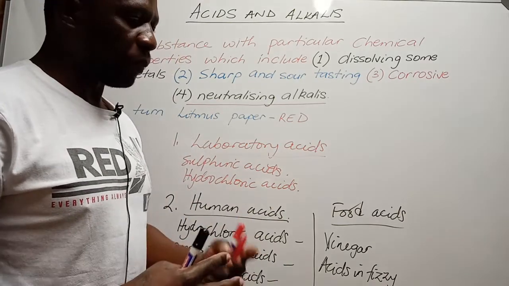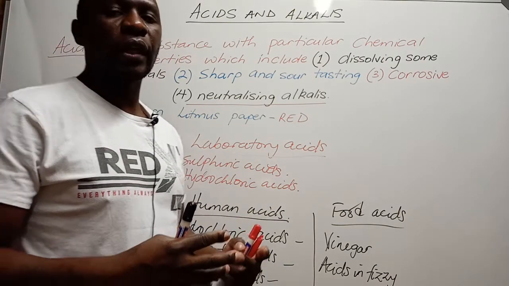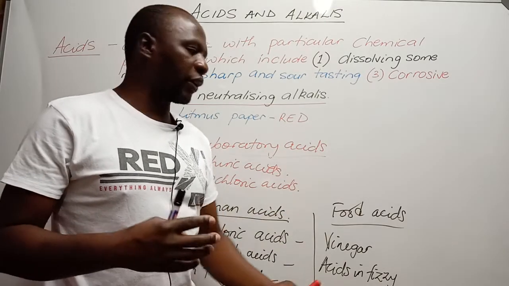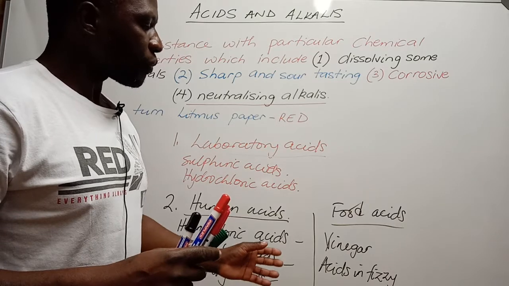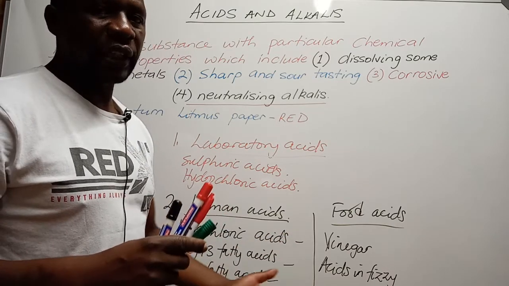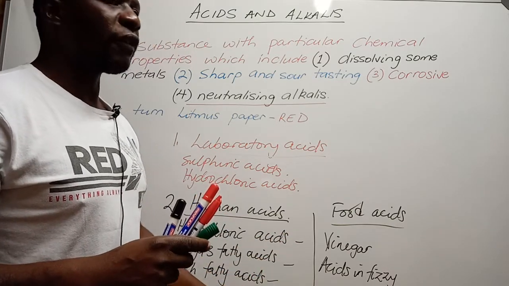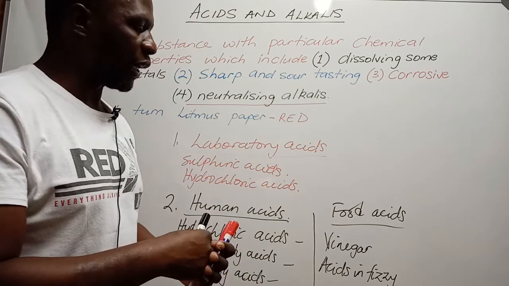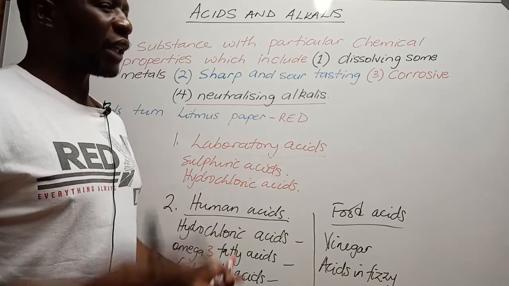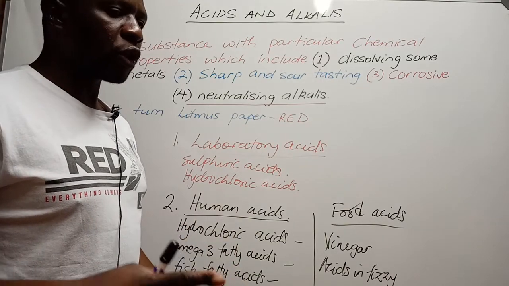We will go deeper into some chemical names in the coming grades. Vinegar is used to conserve food, to preserve food. You find that most preserved food, like preserved fruits and so on, have vinegar inside.